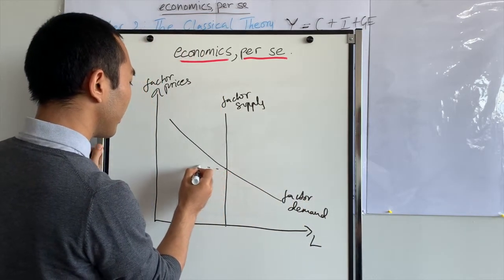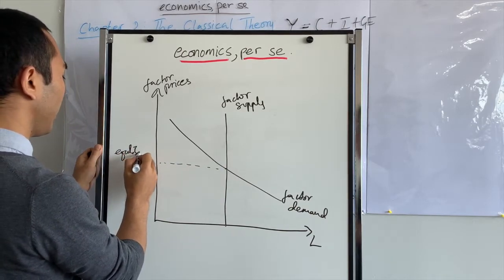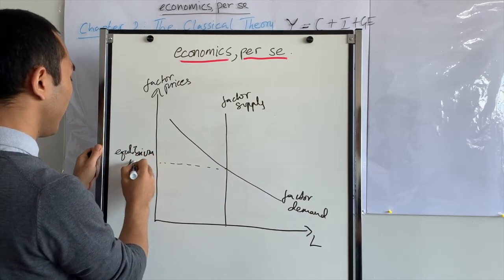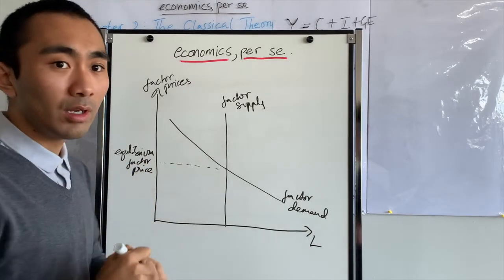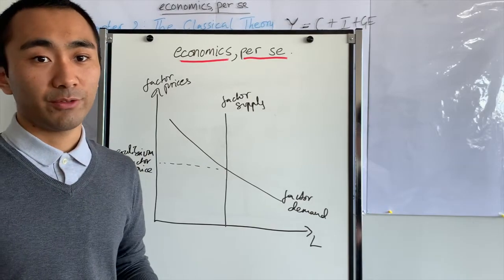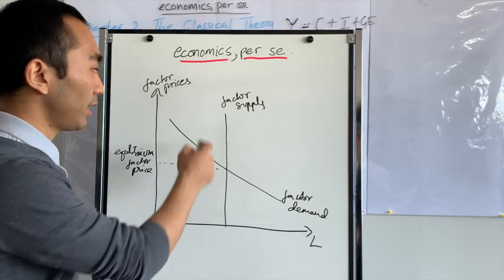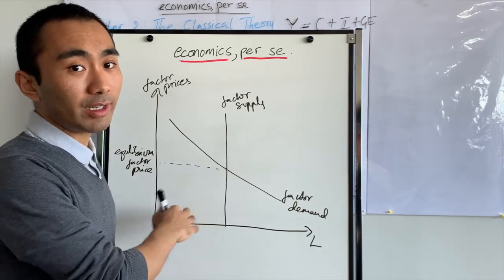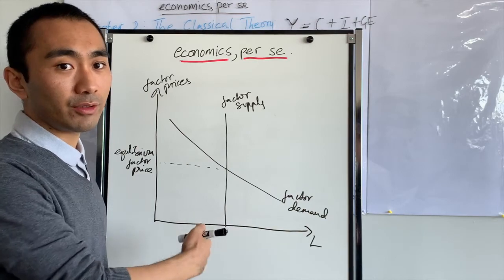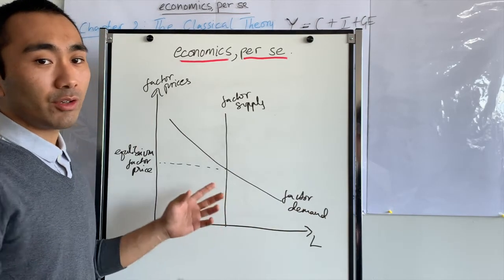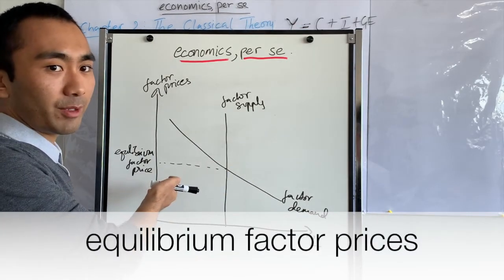This point here is the equilibrium factor price. Now, since we assume that the economy's factors of production are fixed, the factor supply is vertical. So regardless of the price, the amount supplied is the same. It doesn't increase nor decrease. The intersection of the demand and the supply gives us the equilibrium factor price.